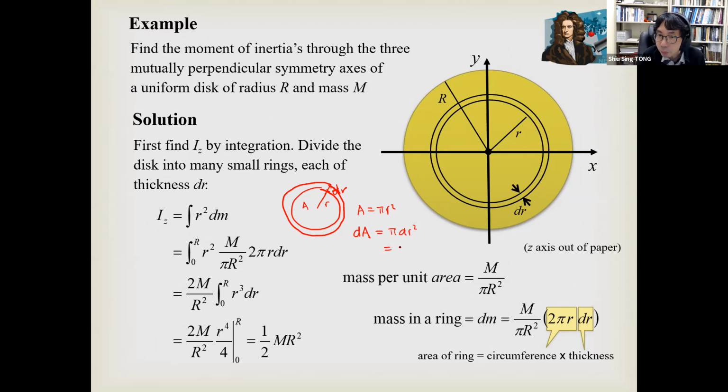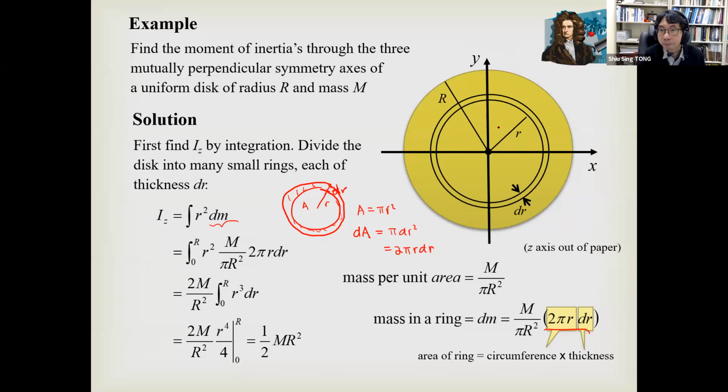Differentiating r squared gives me 2r dr. Is that right? So that means we have 2 pi r dr, which is exactly this. So you see why we get the area? The area of the ring is this part. Okay, so that's why we multiply this with the density to get the m.